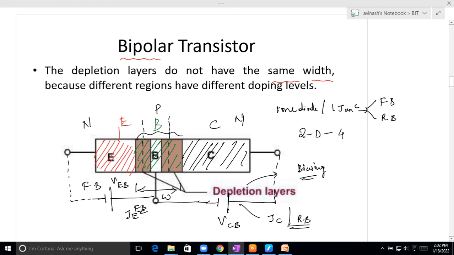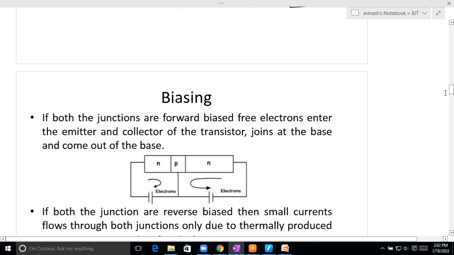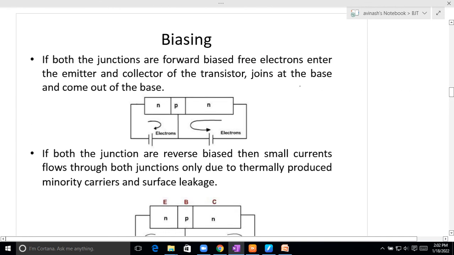Four combinations: forward-forward, forward-reverse, reverse-forward, reverse-reverse. Based on these, the transistor will work. So as I said, this is the transistor biasing.